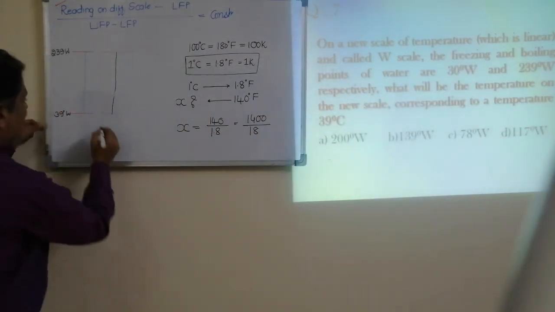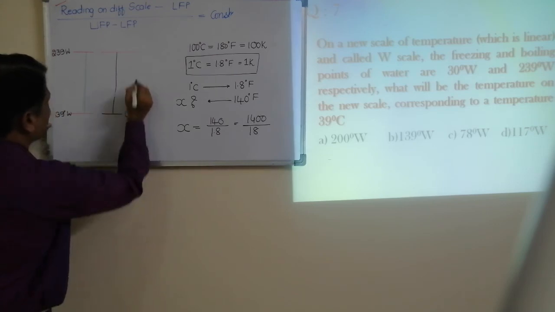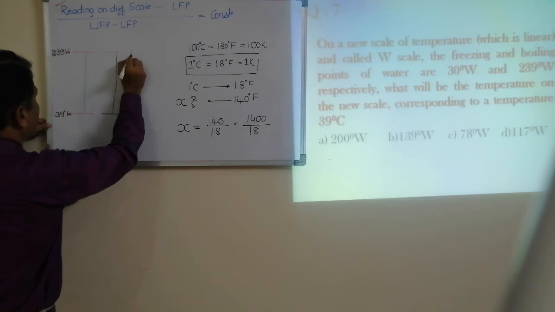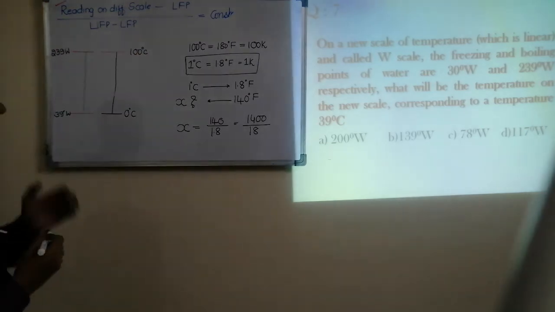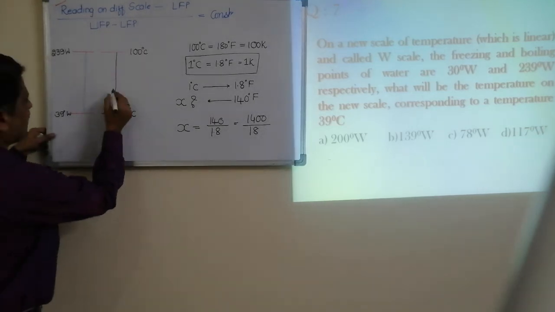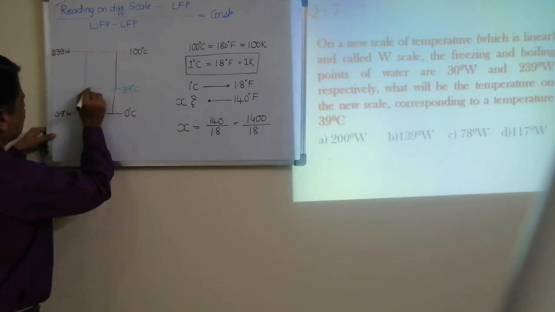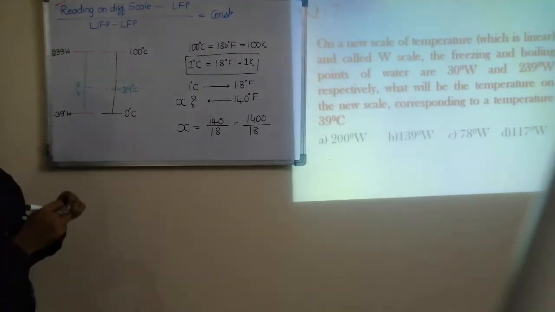And on the degree Celsius scale, it is 0 degree Celsius and 100 degree Celsius. Today, if there is 39 degree Celsius, then what is the corresponding temperature is the question.